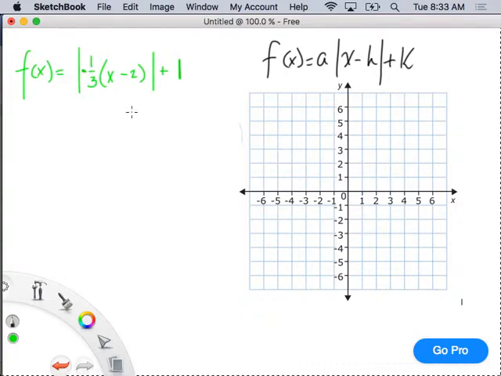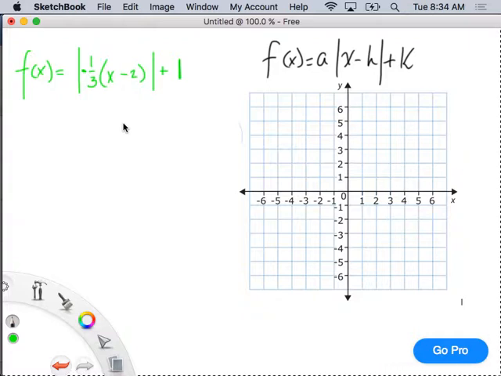So it's -1/3 times x minus 2 plus 1. And so the first thing that should confront your mind here is that this is not in standard form. Since it's not in standard form, I can't just go ahead and start graphing. Because I have to get it in standard form before I graph. Otherwise, I'm playing with fire. Okay, so I have to get it into standard form.